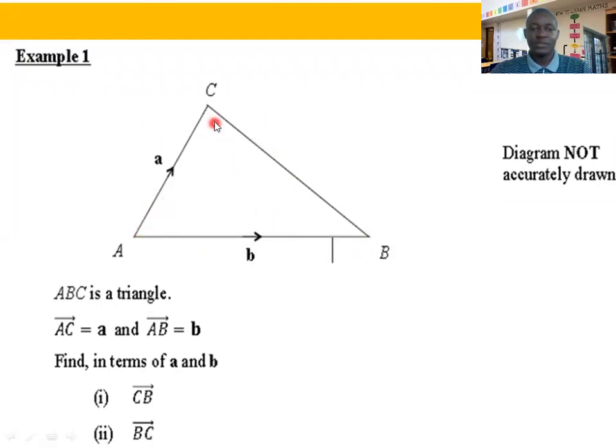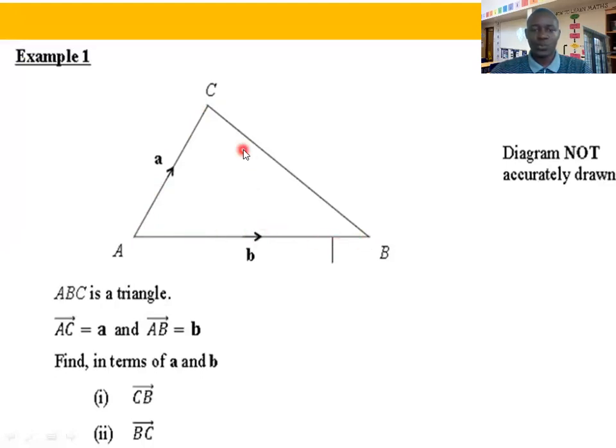Moving from C to B will be exactly the same thing as moving from C first to A and from A then to B. So it means that my vector CB is going to be vector CA plus vector AB.